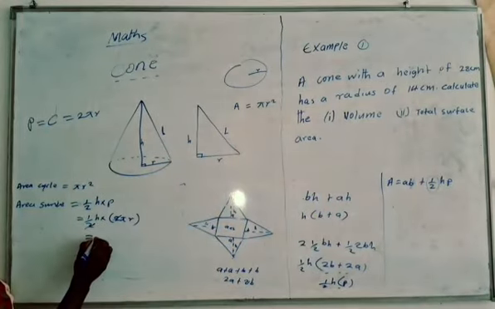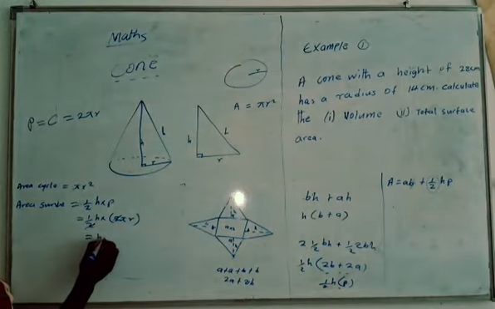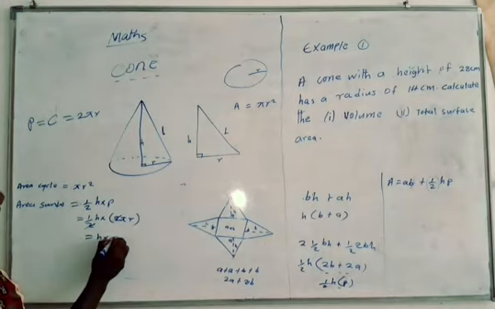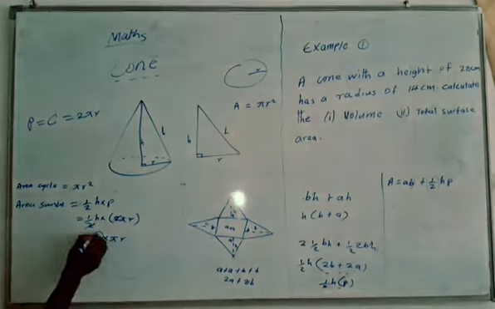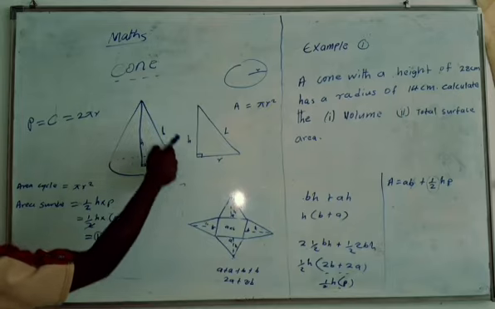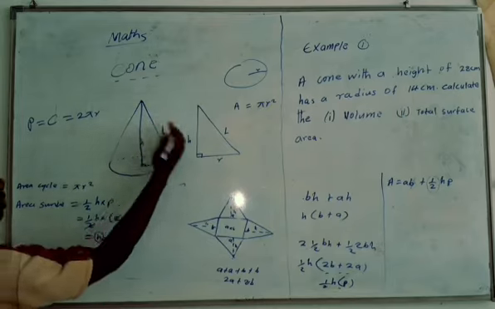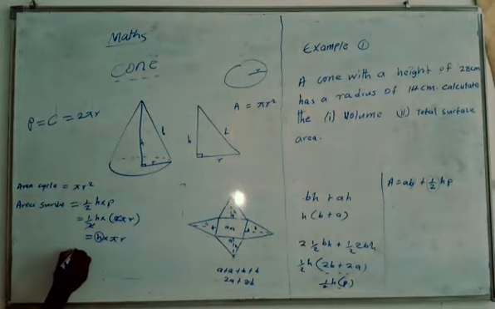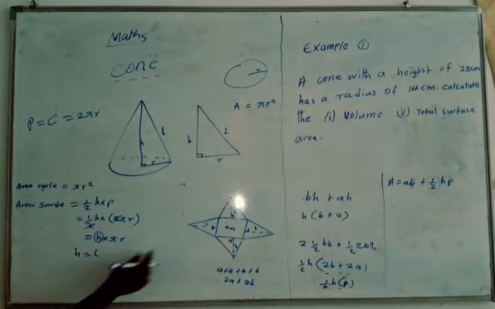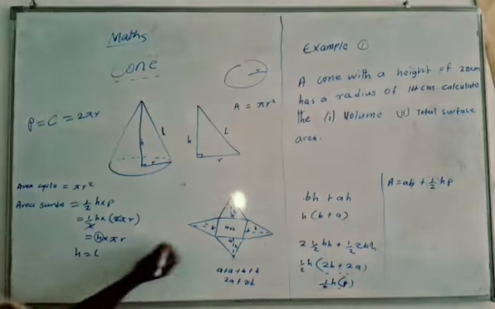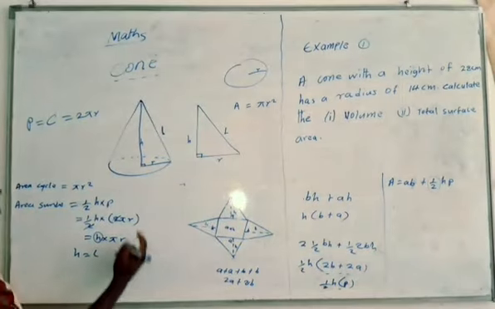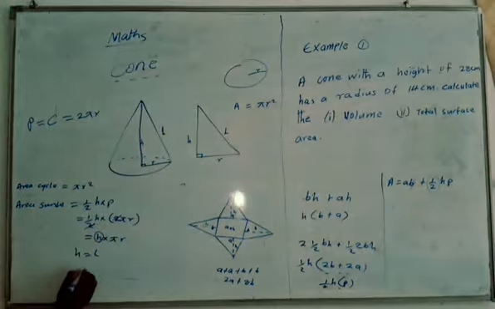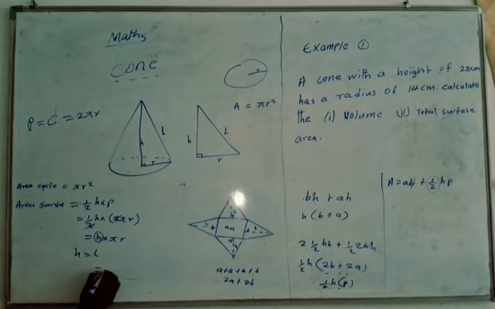So we end up with h times pi r. But this height is not the perpendicular height, it's the slanted height, because if you open it, this is the height that you obtain. So we substitute the h with the slanted height. This height here is the slanted height for this one. So it's going to give us the area of the curve to be pi r l.